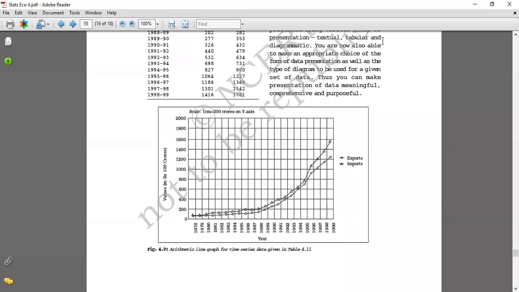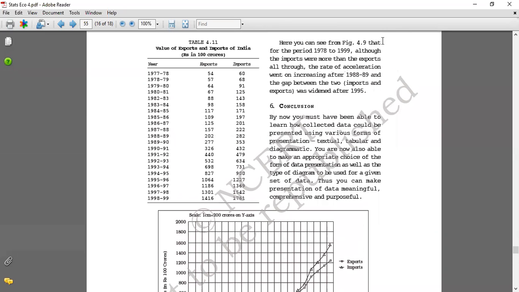Here in this example, you will see that there are two different line curves. When we are using two variables for the same years, for the same time, we can make another graph accordingly. Have you seen the table here? This is the table on which we have based this graph. Export and import, both variables are given, one export and another import.